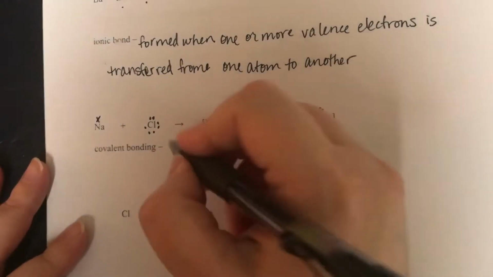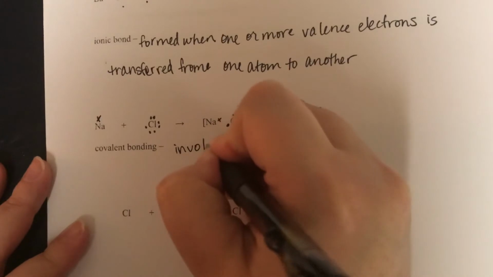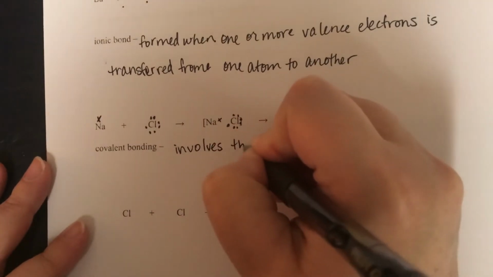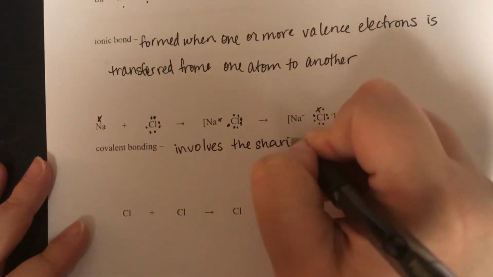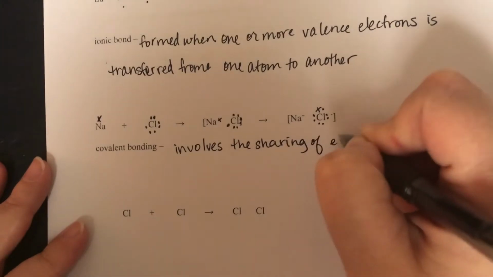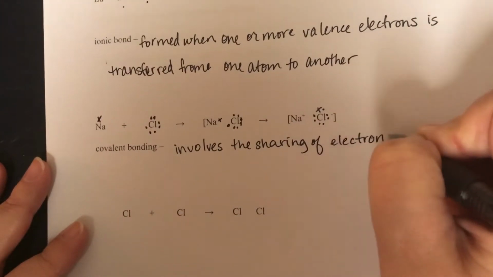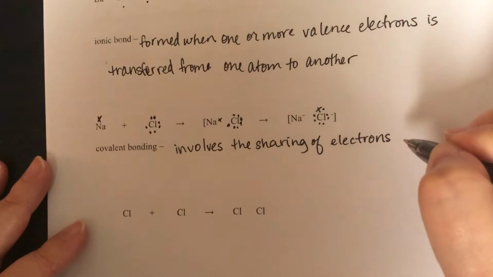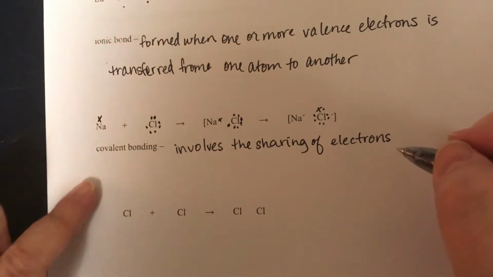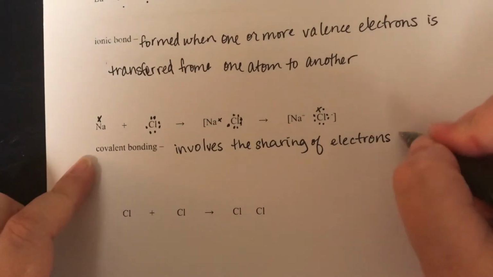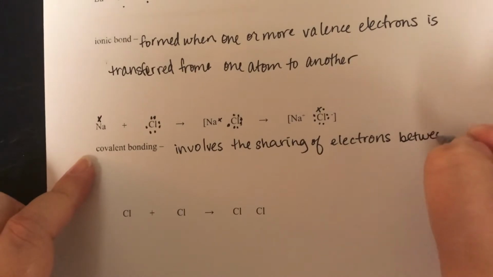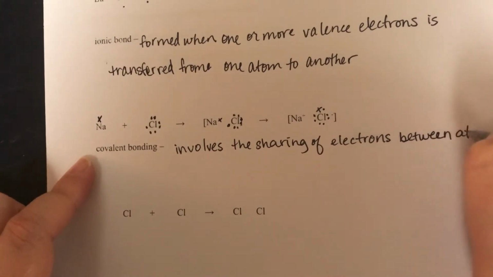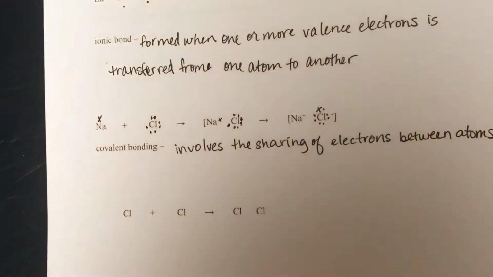In covalent bonding, it involves the sharing of electrons between atoms.